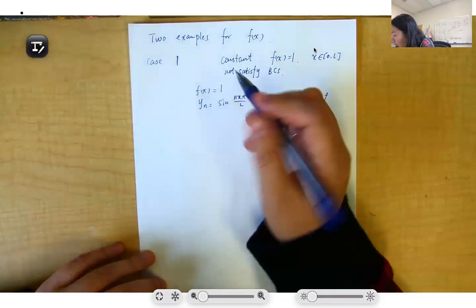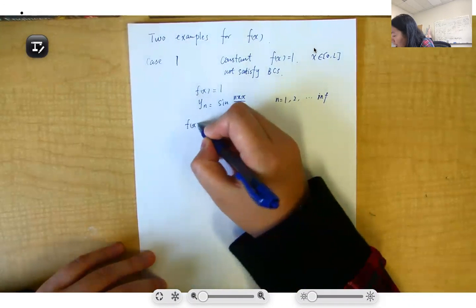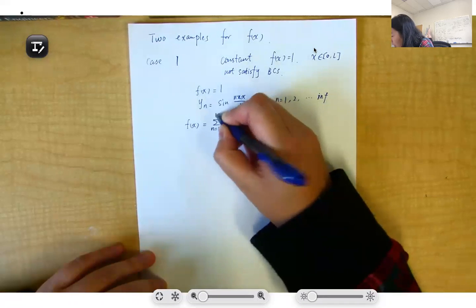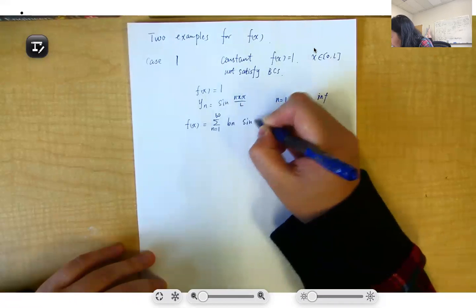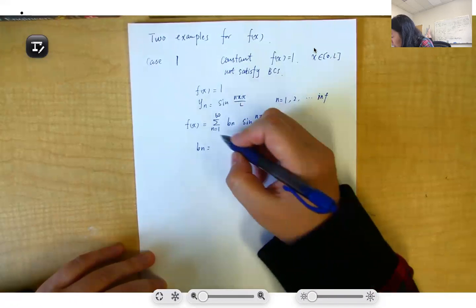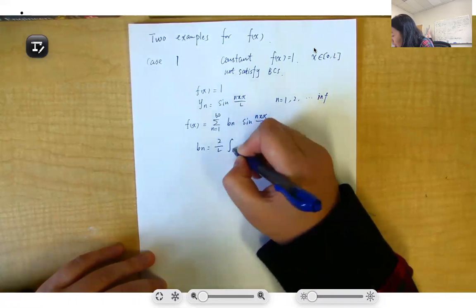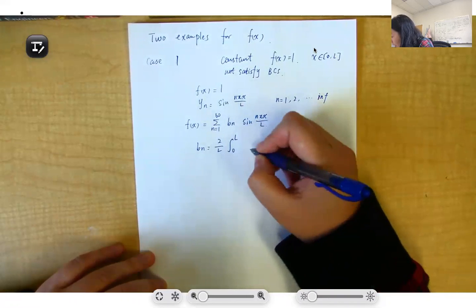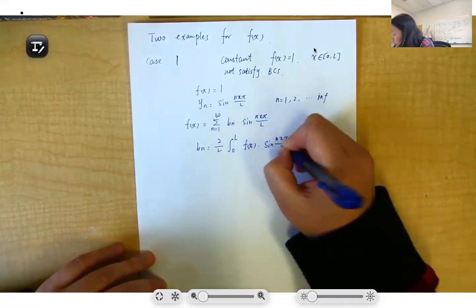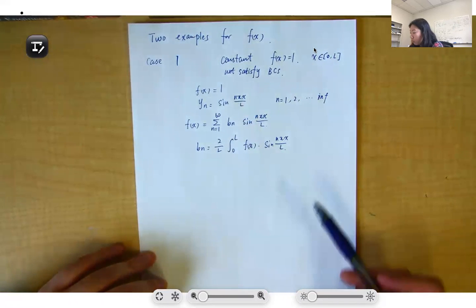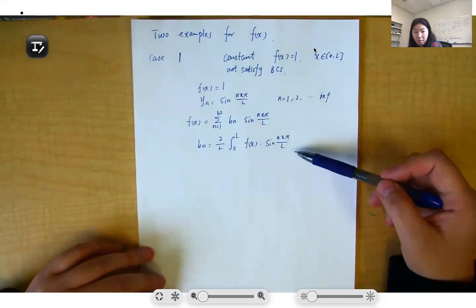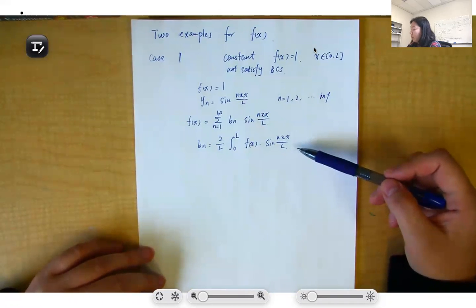And our fx can be represented by the sum from n equals 1 to infinity of bn sine n pi x over L, where this bn is equal to 2 over L, integral from 0 to L, fx times sine n pi x over L. So those are all the conclusions from our previous derivation. If you don't understand any of them, track back to the notes, okay?